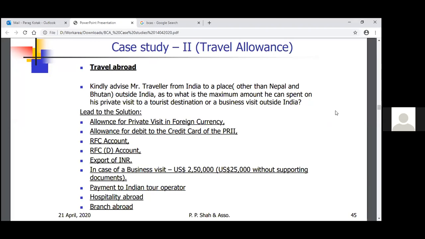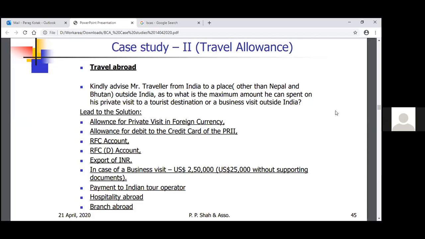The idea here is to give a laundry list of the various provisions of the law, FEMA, from where you can get foreign exchange or foreign currency under the different notifications under the FEMA.